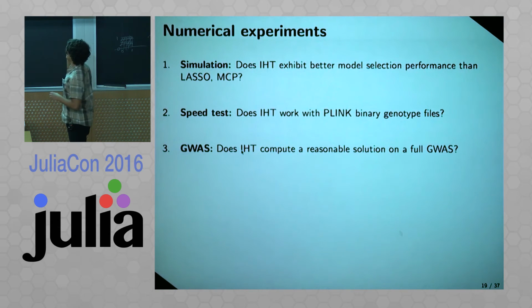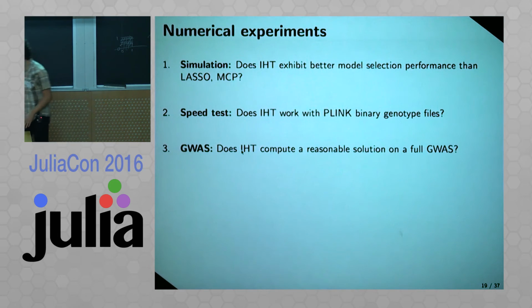There is a missing data component. And you can't use any linear algebra routines on your compressed data, so you have to wrap them. And that's what we did. What we want to know is, do we suffer anything from using the compressed data itself? Now, there's a lot of GWAS data that's already compressed, so there's great value in having the wrappers. Lastly, we want to know, does it actually work on a whole-scale GWAS?